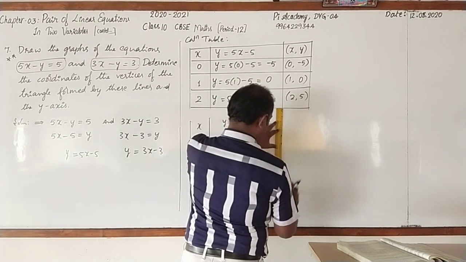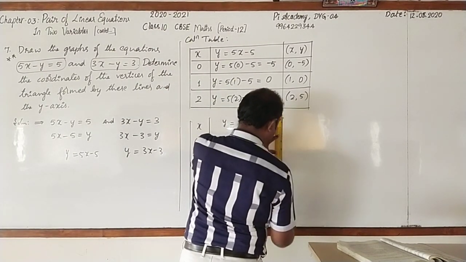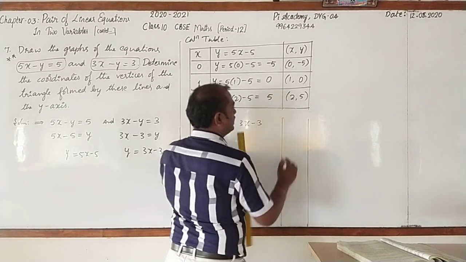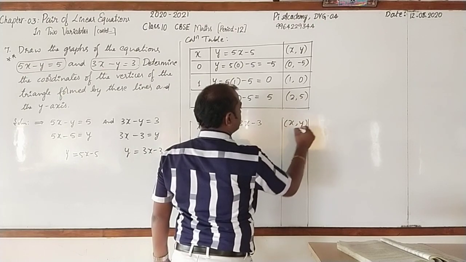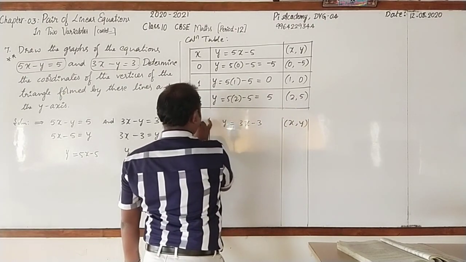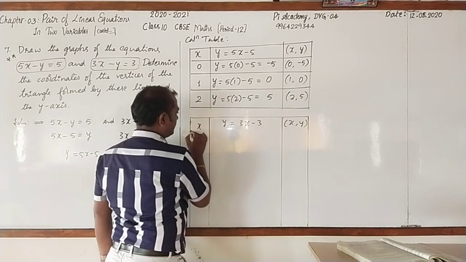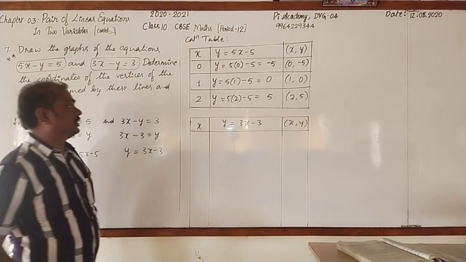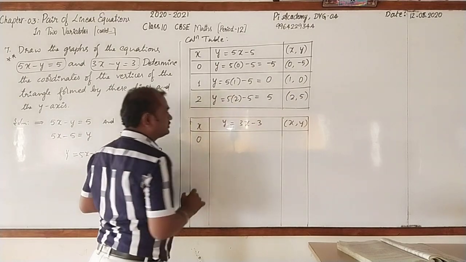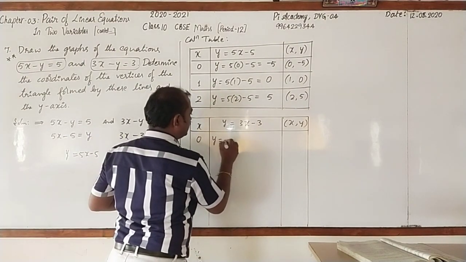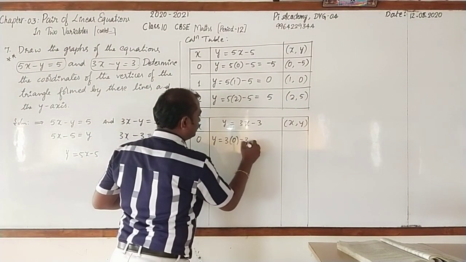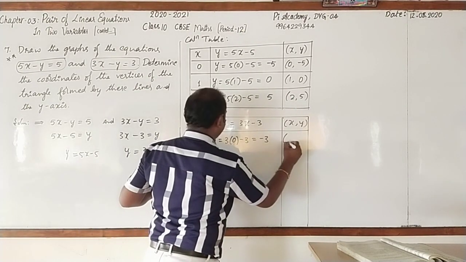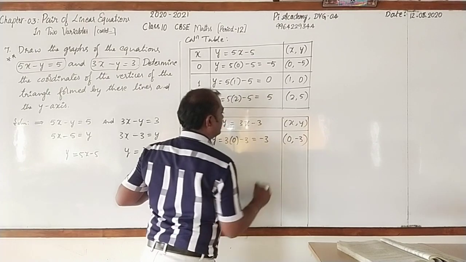Again, one more column for the ordered pair, nothing but x comma y. Yes. Here also you have to substitute. When x is 0, then y is equal to 3 into 0 minus 3. 3 into 0 is 0. 0 minus 3 is minus 3. It is 0 comma minus 3.